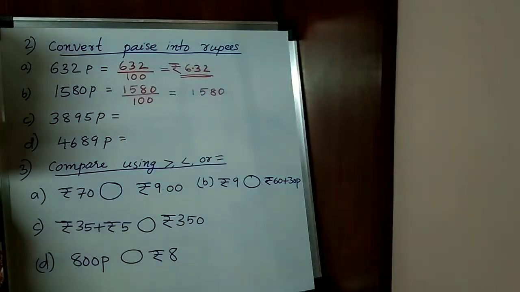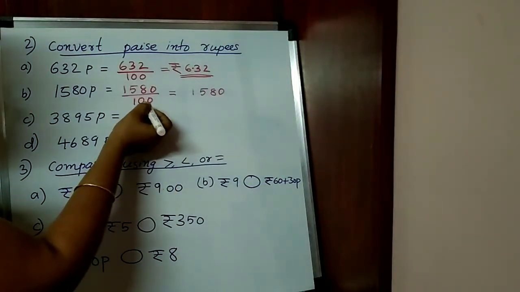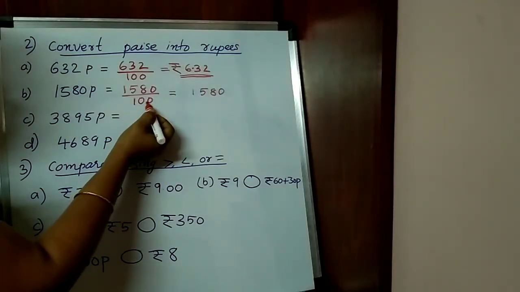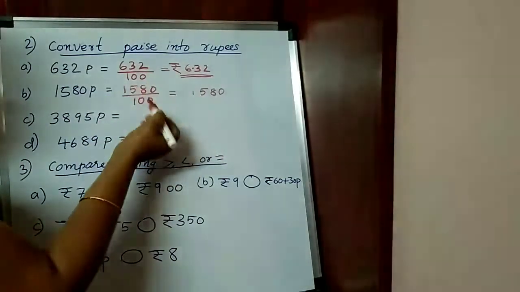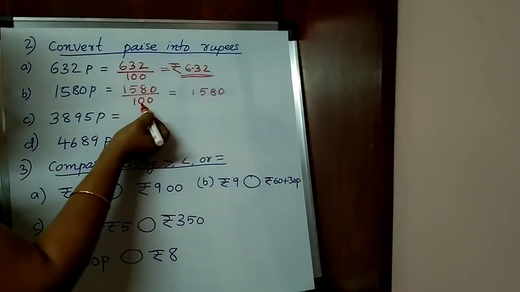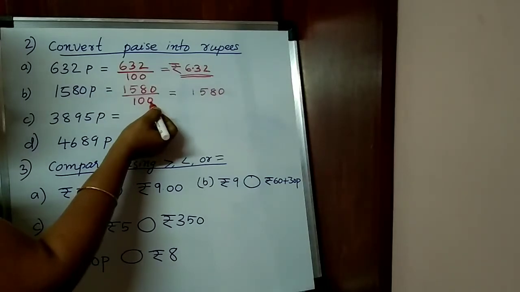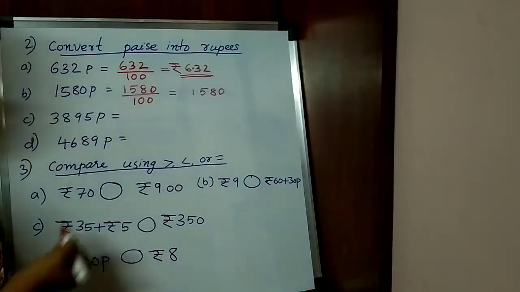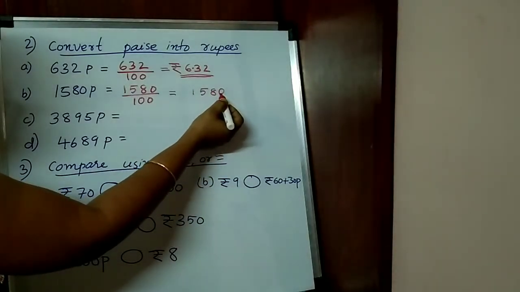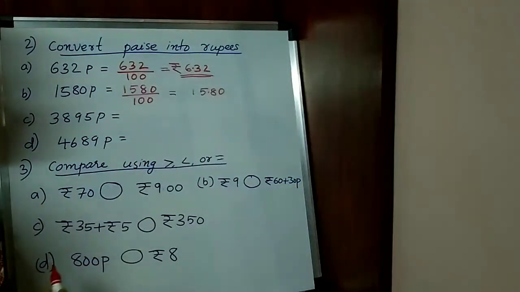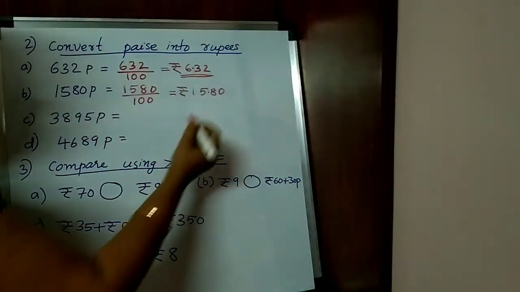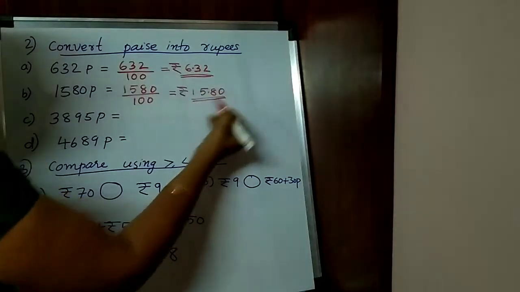Then what is the second step? You count how many zeros in the denominator. In the denominator, how many zeros are there? 1, 2. So, first step, you simply write the numerator. Second step, count how many zeros in the denominator. Third step, starting from the right side, after 2 digits, you put one dot. That is your answer. So, how many rupees? 15 rupees and 80 paise.